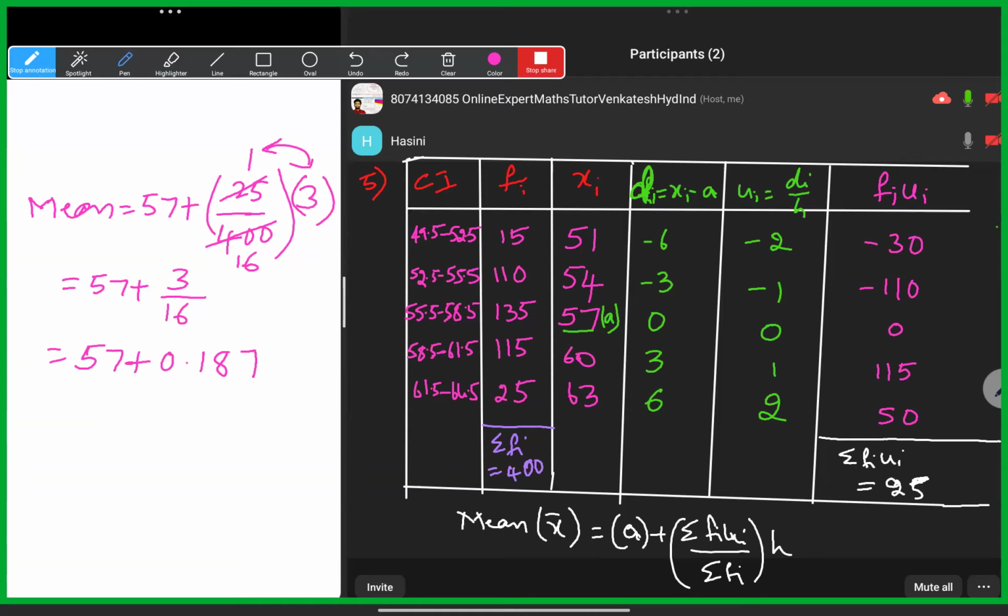And finally you will get 8. 80 means 16 5 is 80. So we'll get 1875. The remainder will come 0.